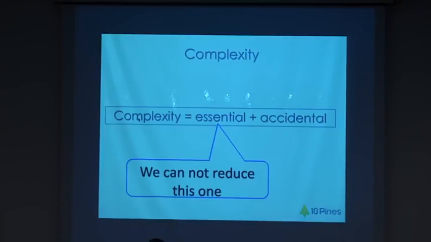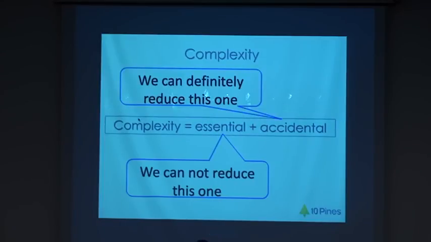So if you want to reduce complexity, you definitely have to reduce accidental complexity. And the accidental complexity is the complexity of the tools and the language that you're using to create the model, to create the system. So it's very important to have very small accidental complexity. And that's why Smalltalk fits very well.